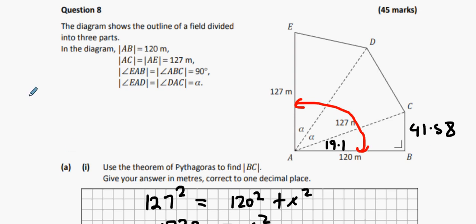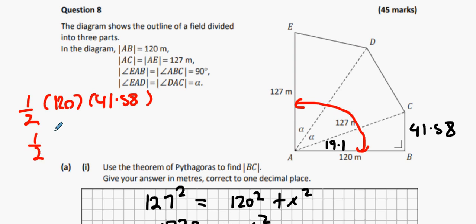You can use a half 120 times 41.58. It does say trigonometry though, doesn't it? That's technically geometry, so I would also put down this to cover me. Half two sides, the angle in between. So what would you choose? A half two sides and the angle in between.